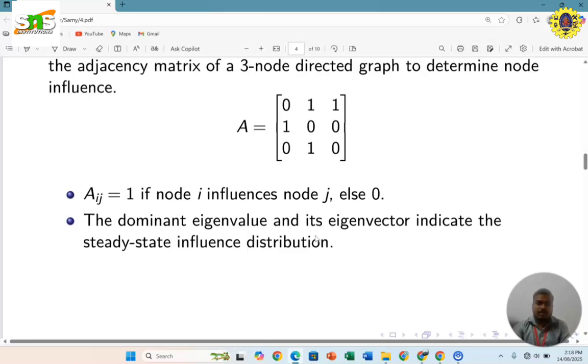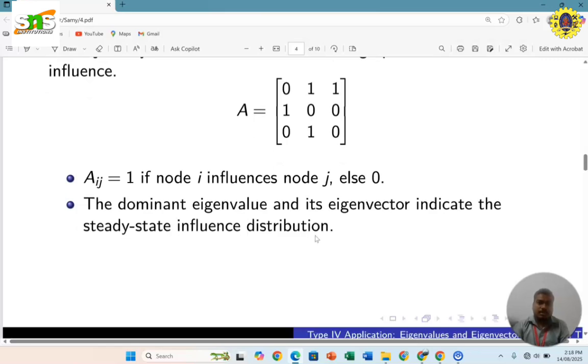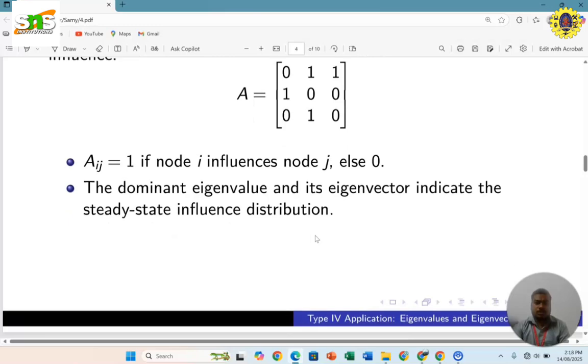The dominant eigenvalue and its eigenvector indicate the steady state influence distribution.